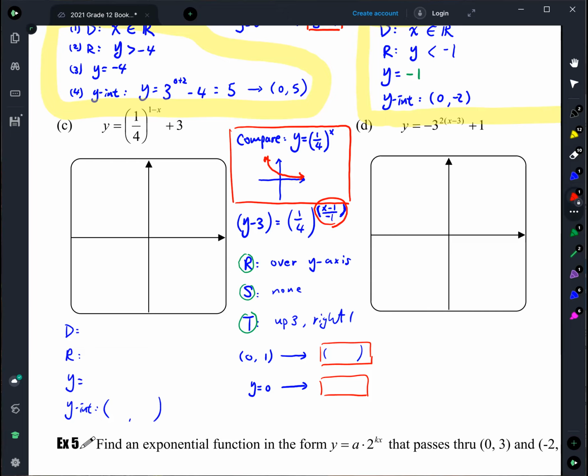X minus 1 over -1. Yes, so the x value, you just multiply by the bottom number, and then the x minus 1 tells you to move to the right. So you need to add 1. Okay, so your x needs to times -1 from the bottom number, and then add 1.